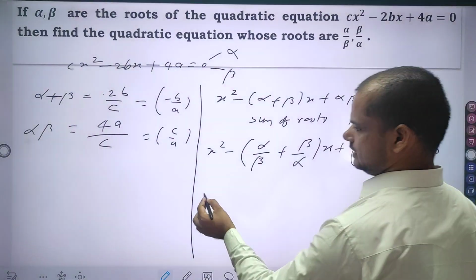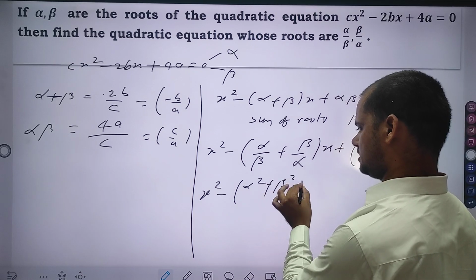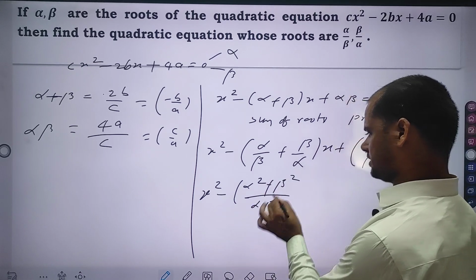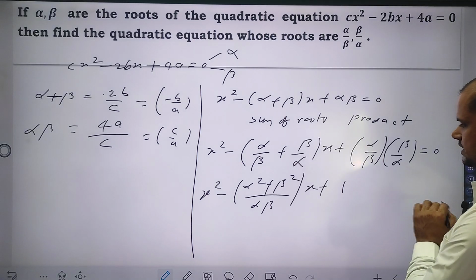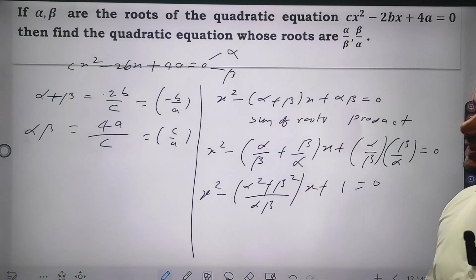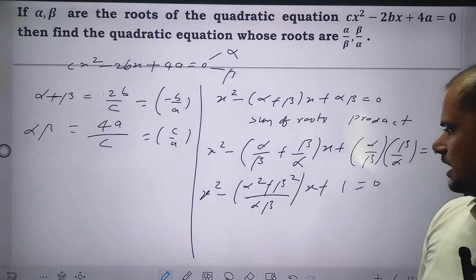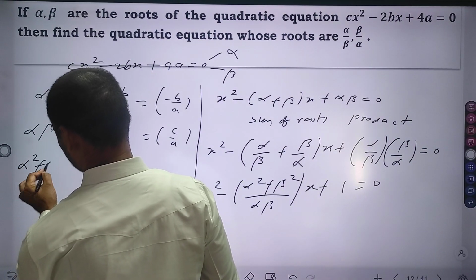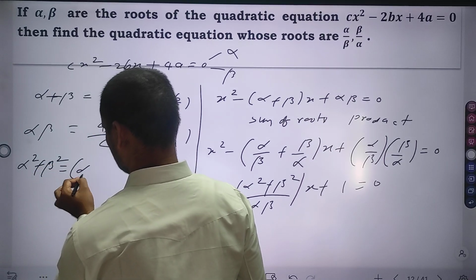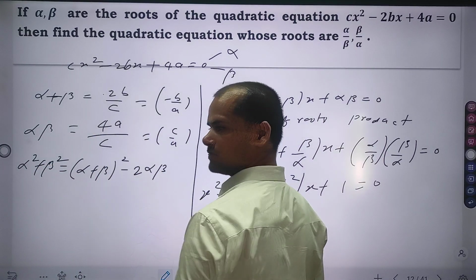Now x square minus (alpha square plus beta square) upon alpha into beta into x, and this is 1, equal to 0. Now we have alpha plus beta and alpha into beta, so we can also find out alpha square plus beta square. We know the identity alpha square plus beta square equal to (alpha plus beta) raised to 2 minus 2 into alpha into beta.